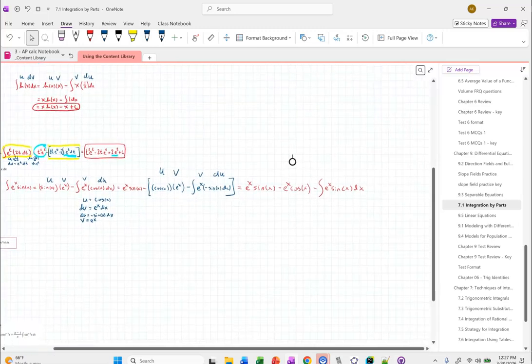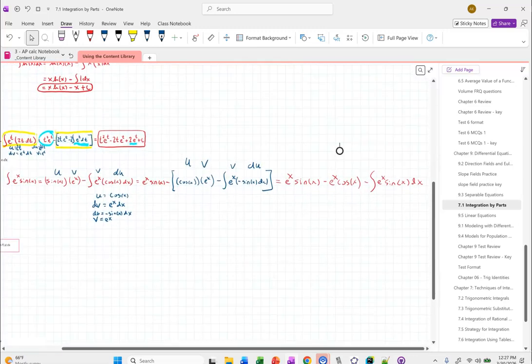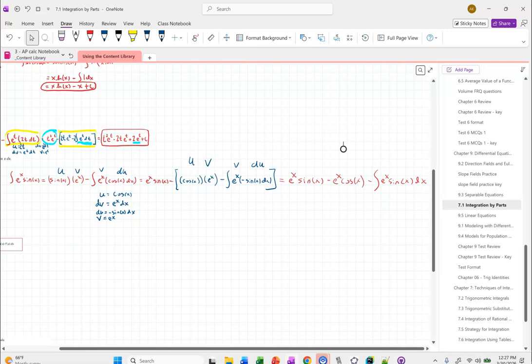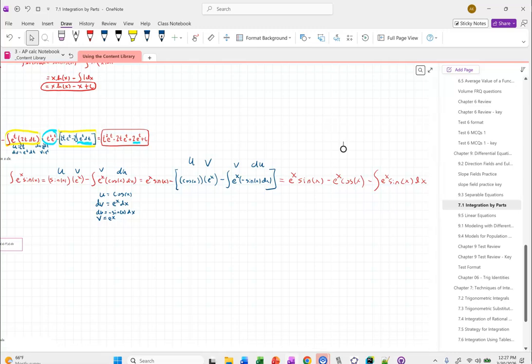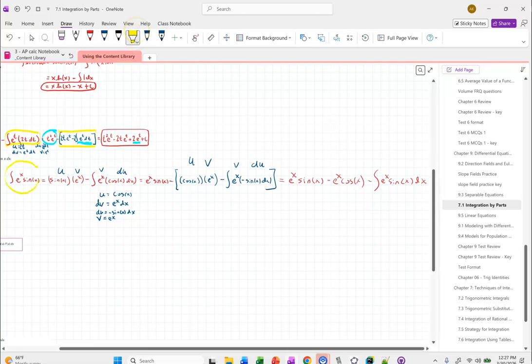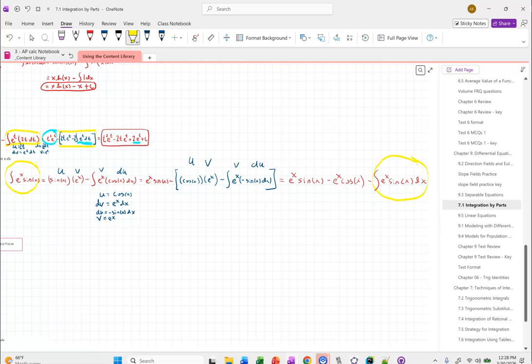I'm going to zoom out a little bit because we need to see the whole thing to see it. So Anthony was saying, well, don't we just get a loop? We'll get that e to the x sine x back again, right? That's what we started with. That's what we want to have happen.